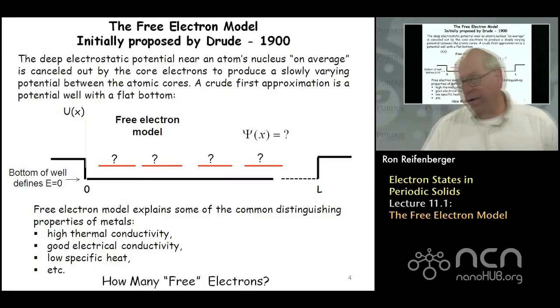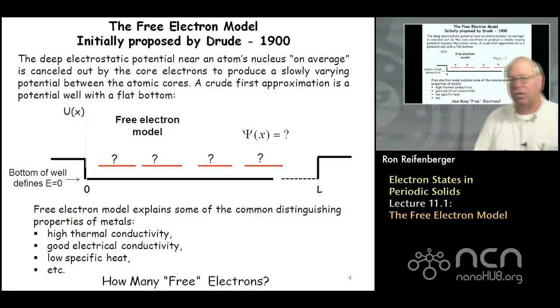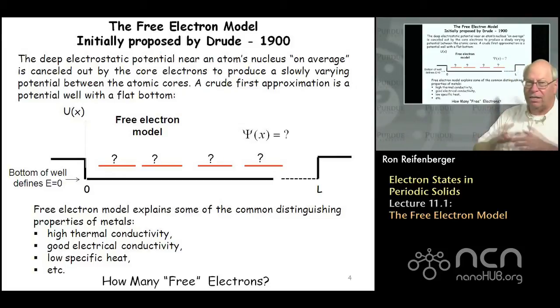The free electron model was originally developed around the first decade of the 20th century, the early 1900s.